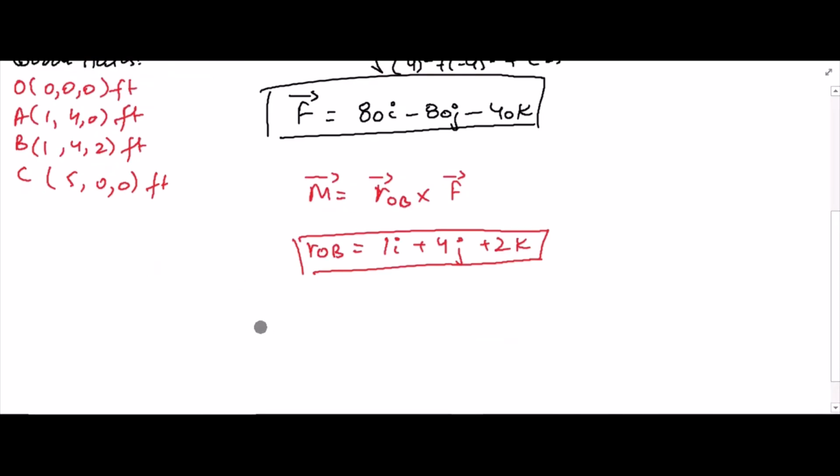By using the determinant form of a matrix, we have i, j, k. Then we write the moment arm 1, 4, 2, and beneath it we write the force 80, -80, -40.